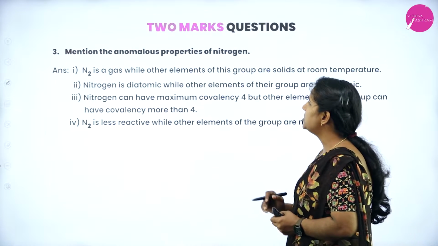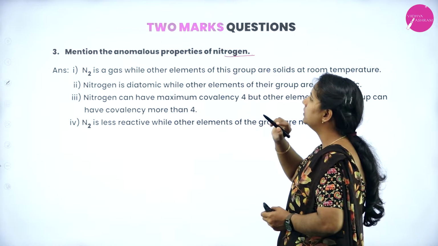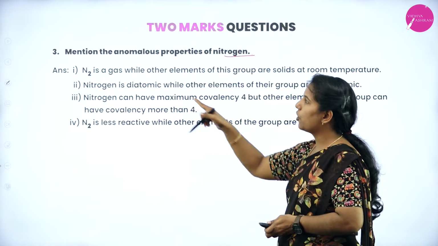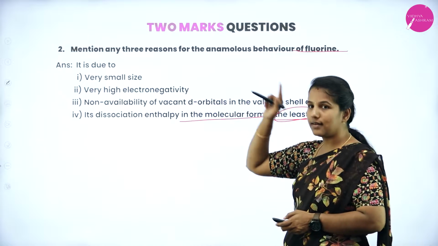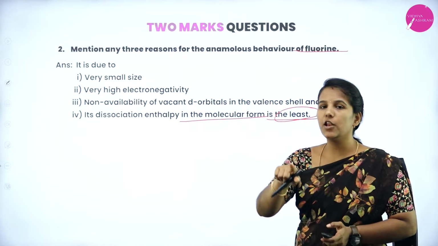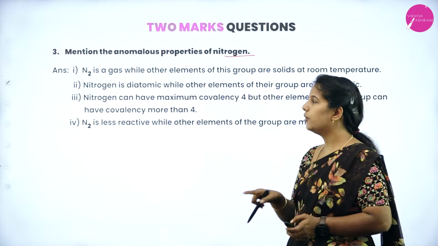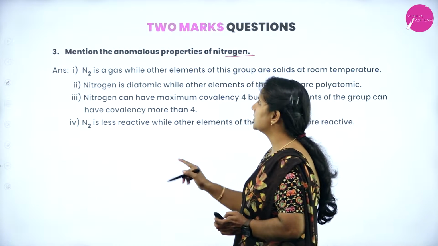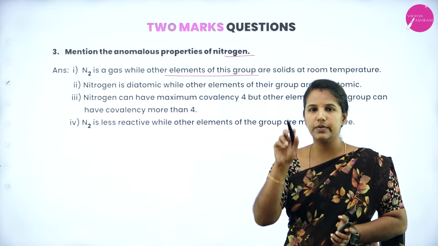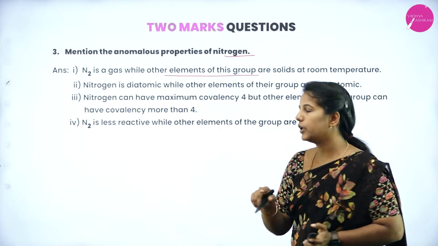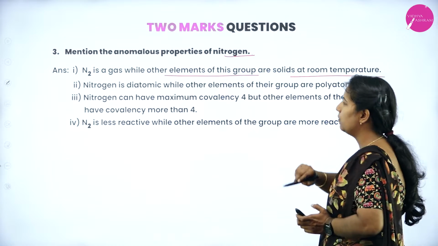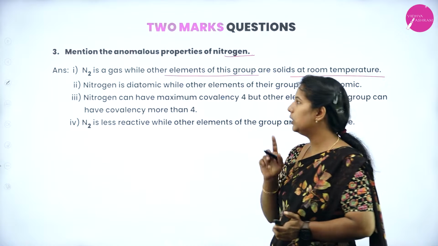Next, mention the anomalous properties of nitrogen. The last one was the reason for the anomalous behavior, and the properties of the anomalous behavior are different. Nitrogen is a gas, while the others belonging to the nitrogen family are usually solid at room temperature. Nitrogen is only diatomic.